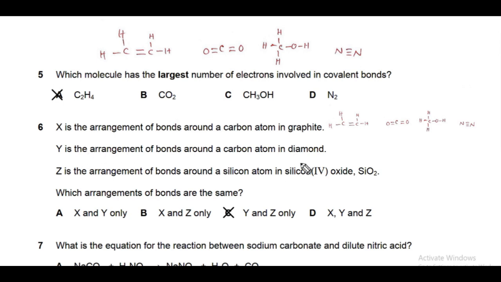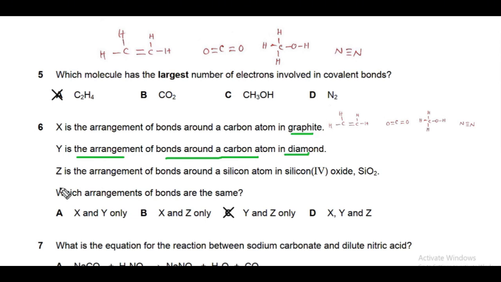Now number 6. X is the arrangement of bonds around a carbon atom in graphite. Y is the arrangement of bonds around a carbon atom in diamond.